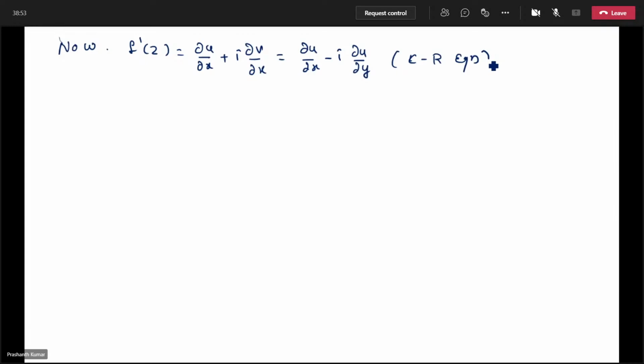If you know the real part, you will get the imaginary part. Similarly, if v of x comma y is given, we get u of x comma y.